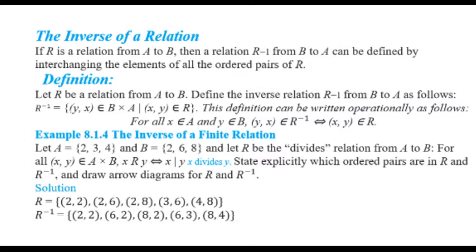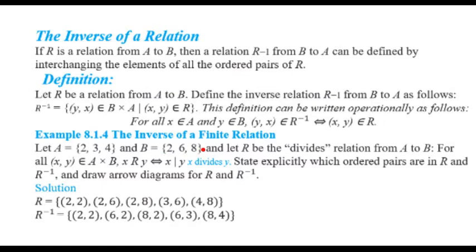Now, here's the question. The question is: state explicitly which ordered pairs are in R and which ordered pairs are in R inverse. Okay, so if we want to write down the relation R, we need to find out which element in A divides which elements in B. For example, 2 divides all the elements of B, right?